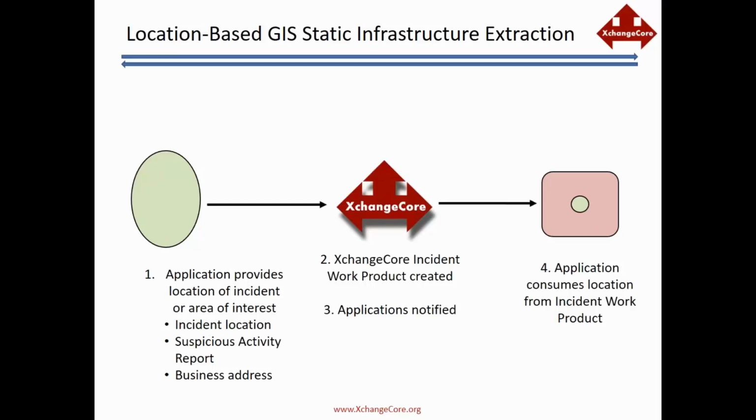But in this case, a suspicious activity report. That gets sent to XchangeCore, where the incident work product is created, applications are notified, and the GIS application in this case consumes the location from the incident work product.